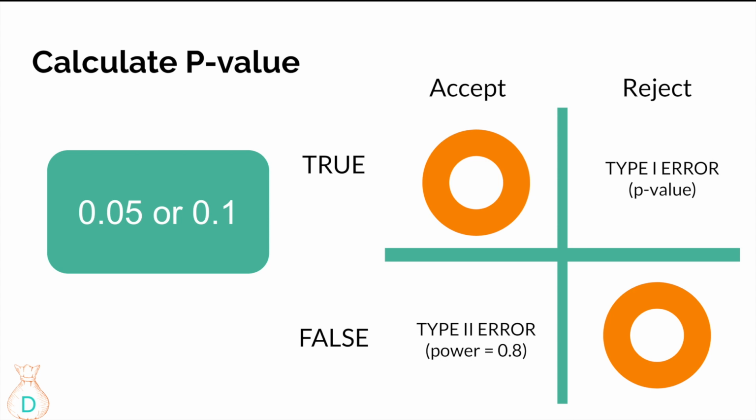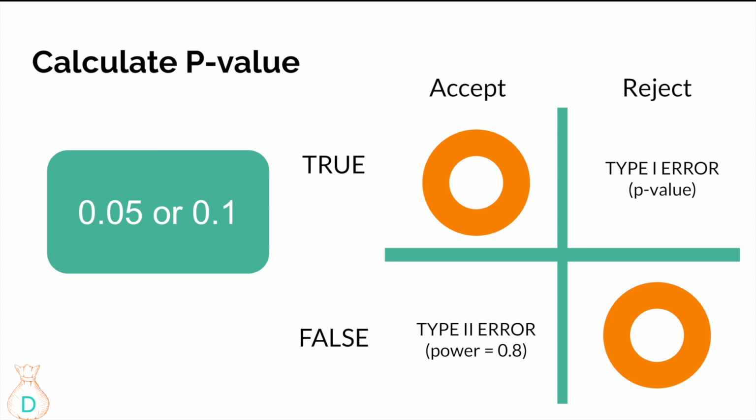And then you have rejecting the null hypothesis, that there is no difference between the two, when there is actually no difference between the two groups or two different designs. That's what we call a type 1 error, which is actually what you're calculating in your p-value: the probability of getting the type 1 error. And that's why when your p-value is less than 0.05 or 0.1, that's when you know that there is a difference between the two.